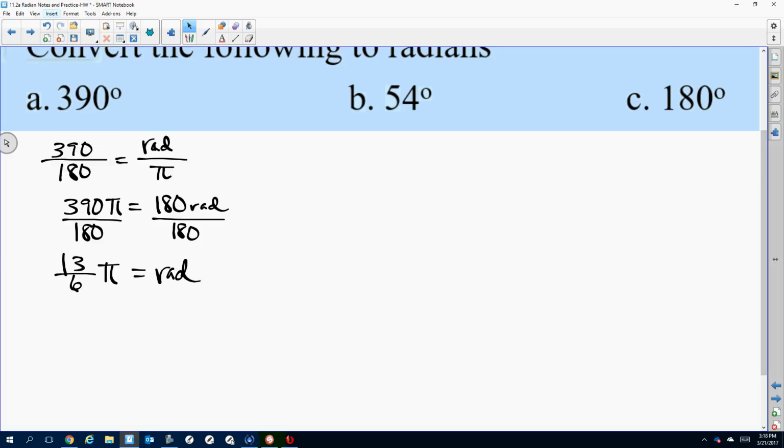All right, so let's do 54 degrees. Convert it to radians. 54 degrees over 180 degrees is equal to radian over pi. Anyone see a shortcut yet?